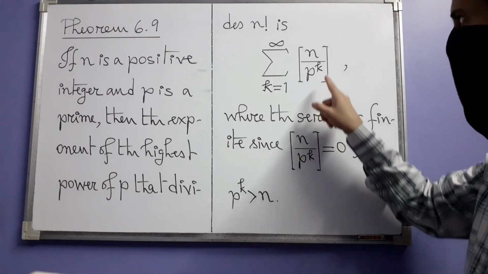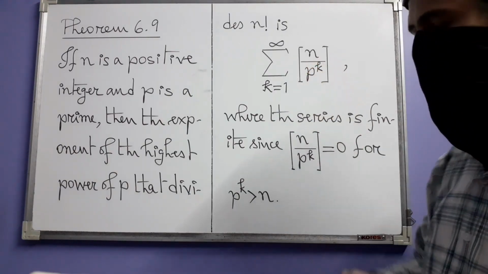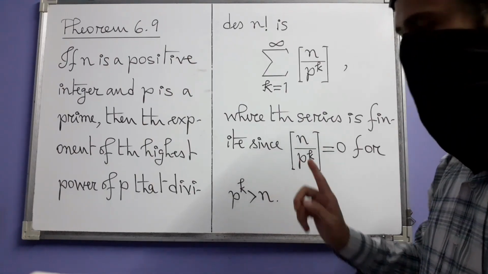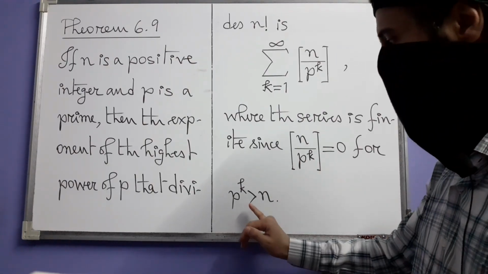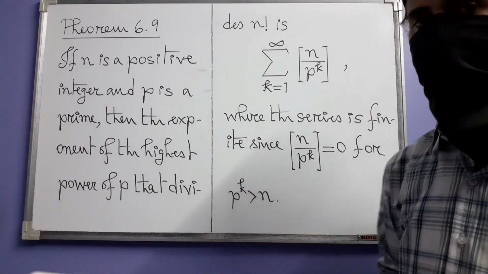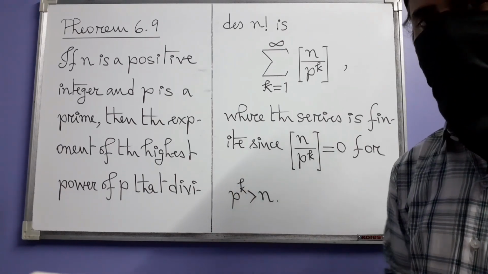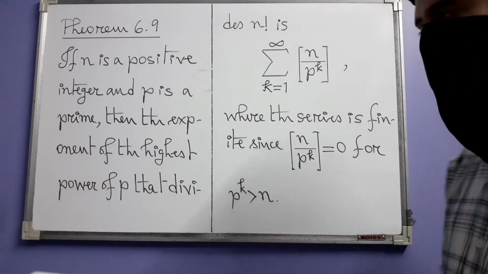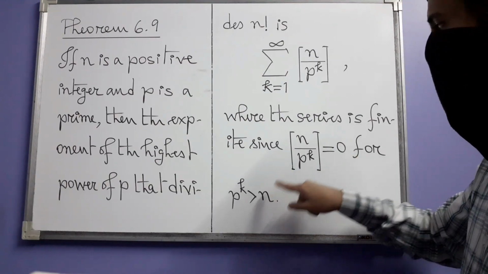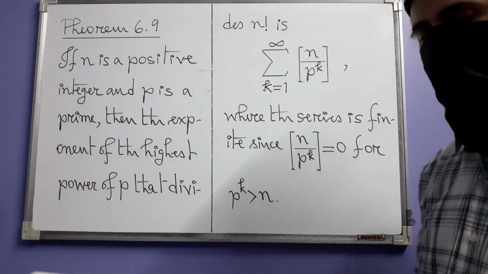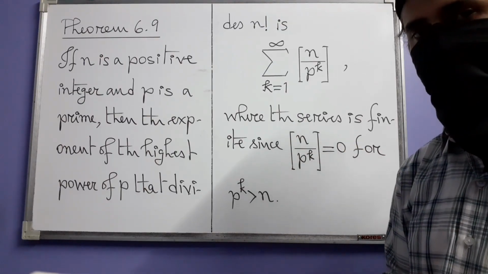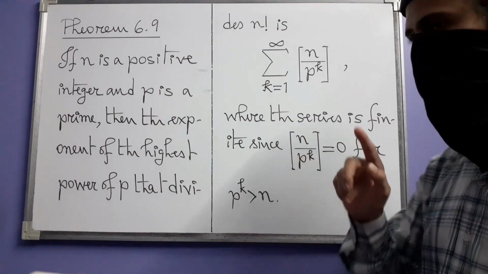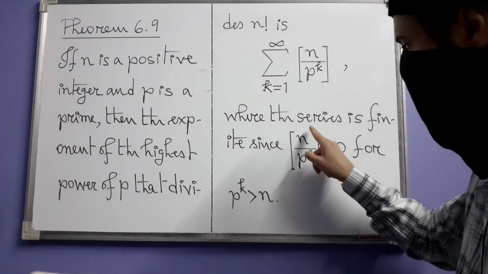But of course, as k increases, the denominator increases, and eventually there comes a stage, no matter how large n is, there comes a stage when these powers of p with increasing exponent exceed n. They become greater than n. When that happens, this ratio becomes less than 1, and at the same time it is positive also. Why is this ratio positive?